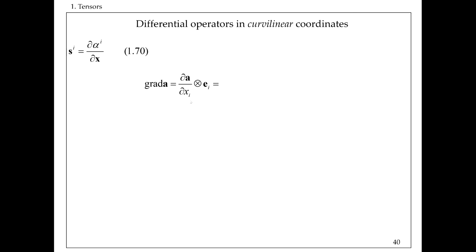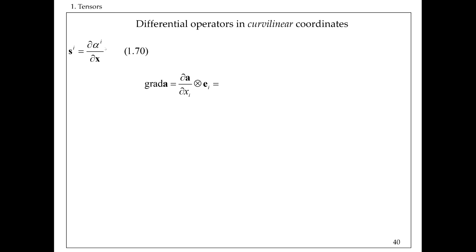Now we want to transform it into the curvilinear coordinate system. To do that, we first do our regular chain rule in the differentiation. So we can take the derivative of a with the components of alpha, and these alpha represent the components of our new coordinate system.